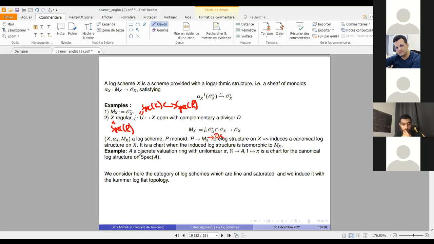For example, if A is a discrete valuation ring, I said before that we have a canonical log structure on Spec A, which is given by the divisor.